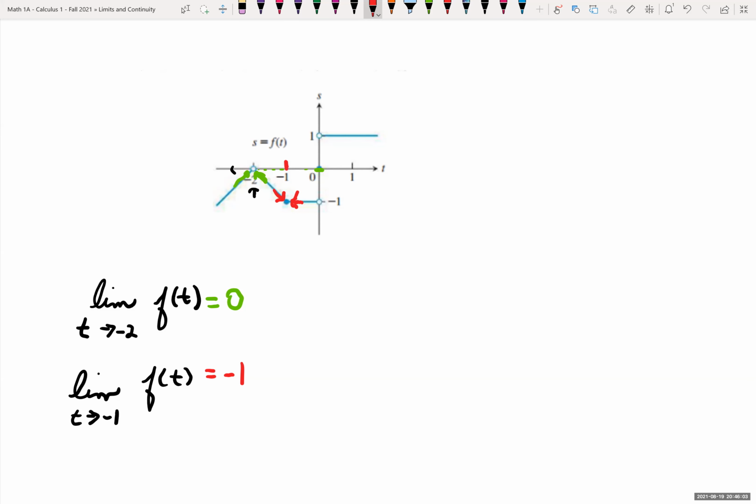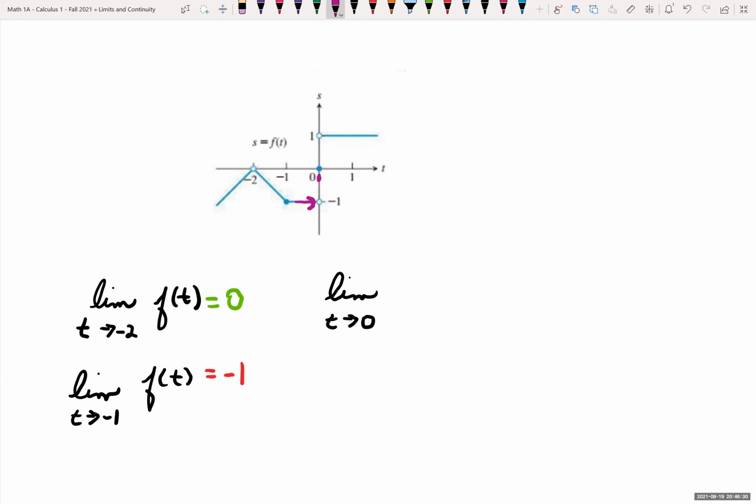So if we're talking about the limit as t approaches 0, if we come back to this graph and I look at when t is 0, notice that coming in on the left of t equals 0, I'm getting a y value down here of -1.